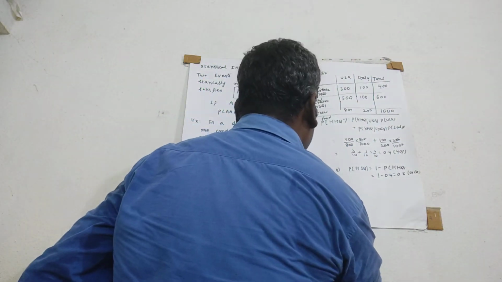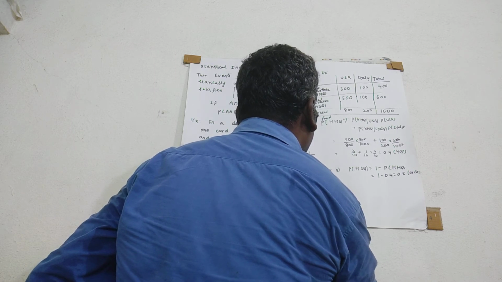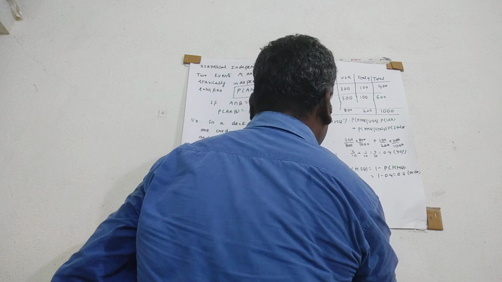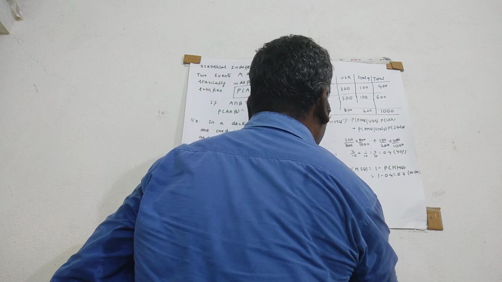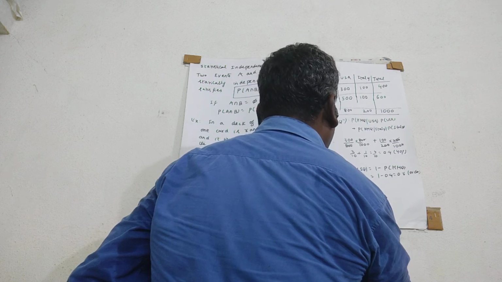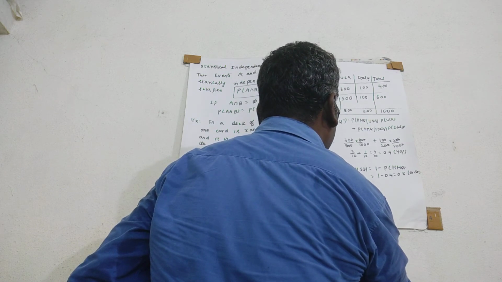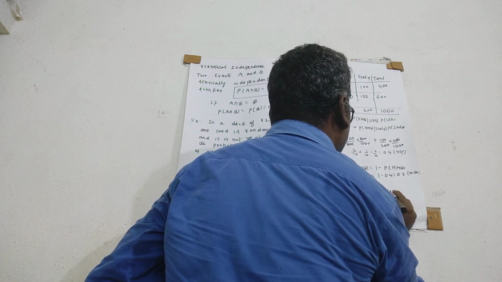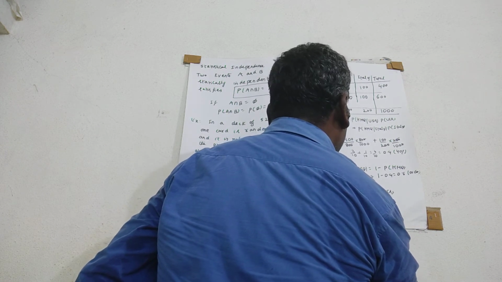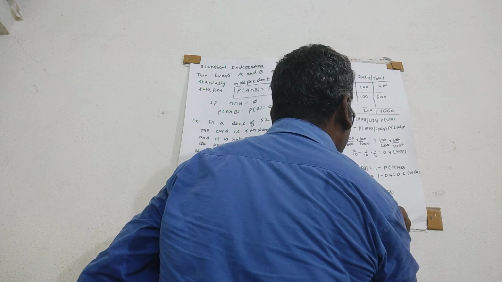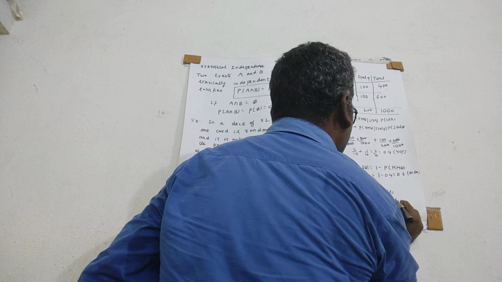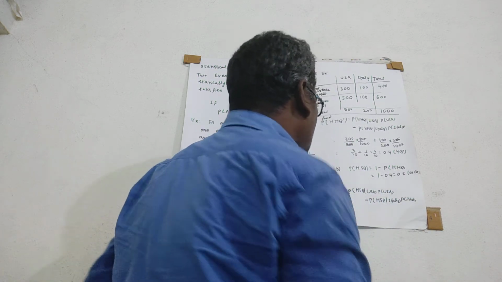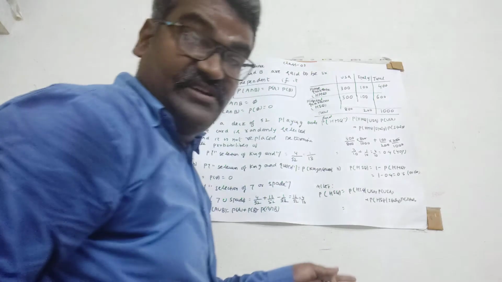Then probability of HSQ is equal to probability of HSQ given America into probability of USA plus probability of HSQ given Italy into probability of Italy, is equal to, let us get the values from the table.